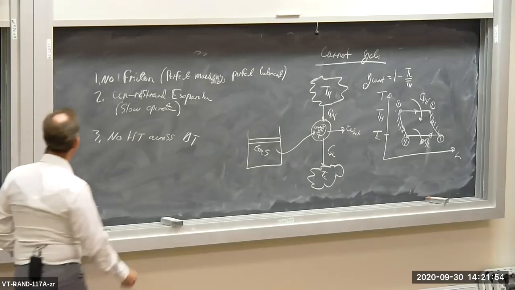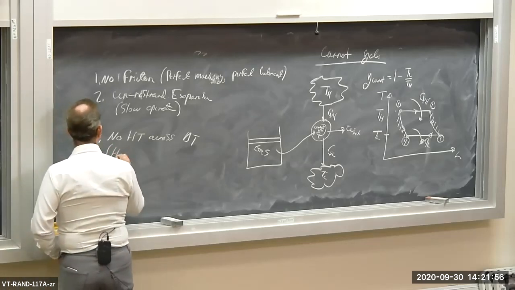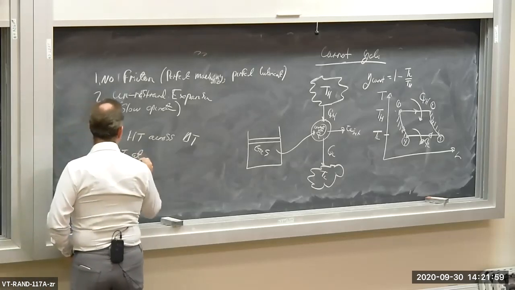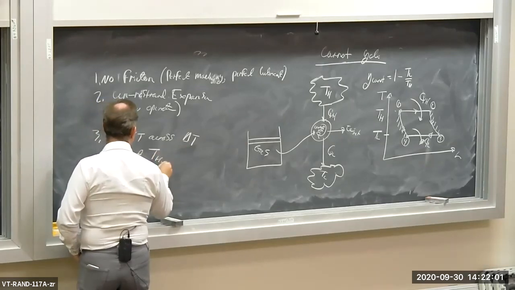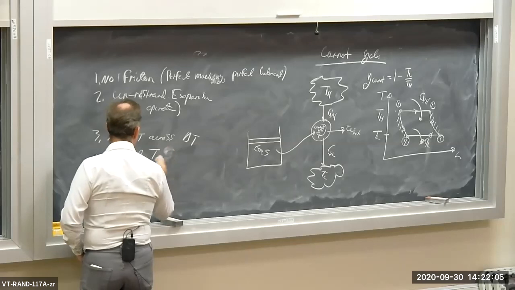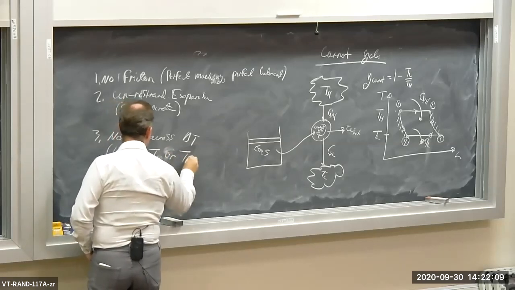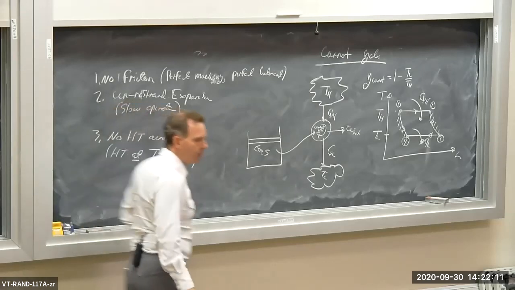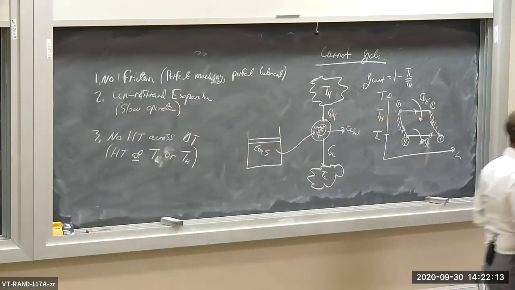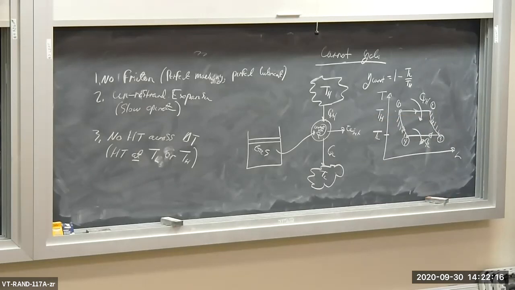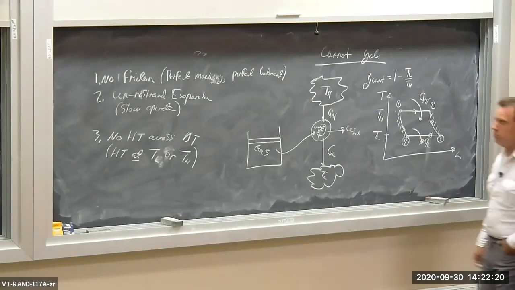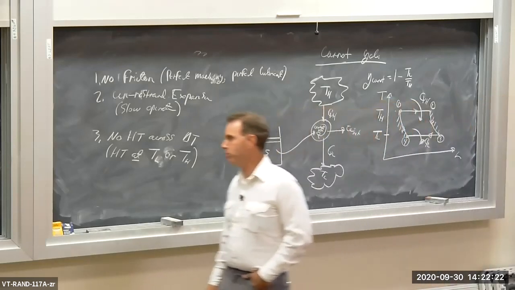That's why we have heat transfer at TL or TH. Okay, heat transfer at TL or TH. Heat's not going to flow very fast at all. It's slow. It doesn't produce much power.